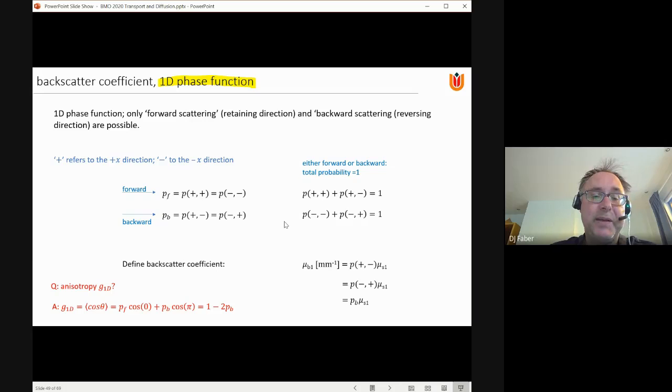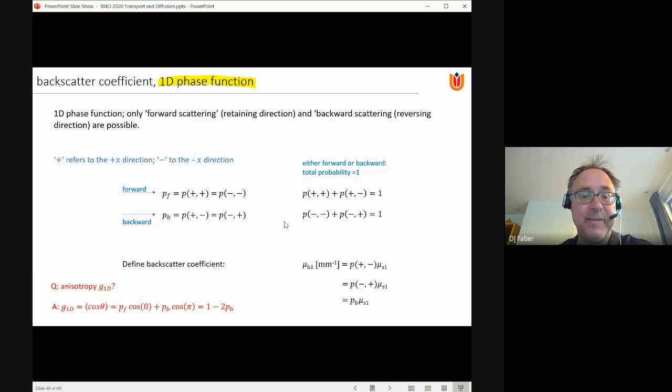Well, in this case, we can have only scattering into the direction 0, that's forward scattering, or in the direction pi, which is backscattering. So the average cosine of the scattering angle is going to be the probability of forward scattering times the cosine of 0, plus the probability of backscattering times cosine pi, which is the backscatter direction.